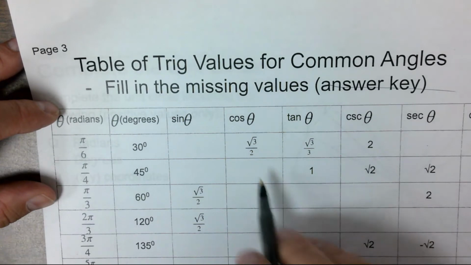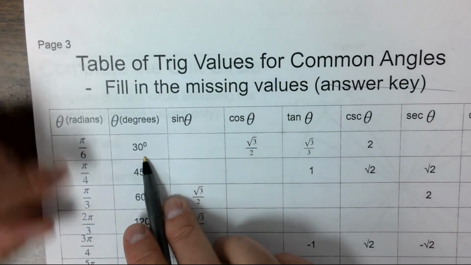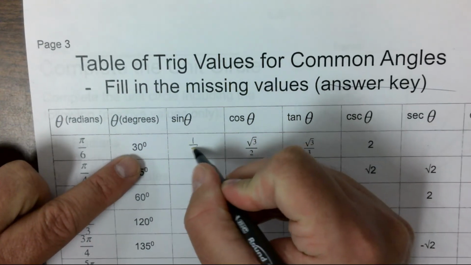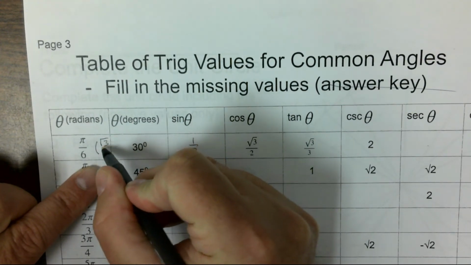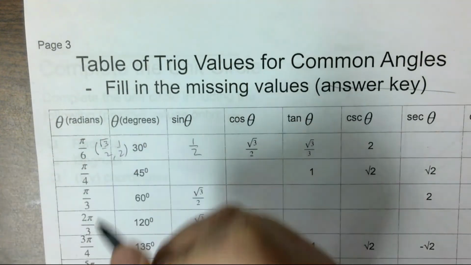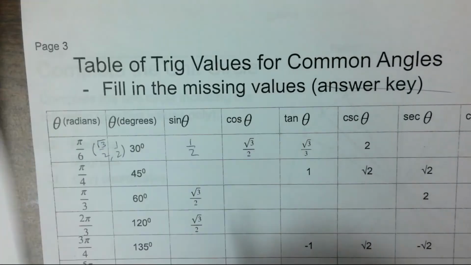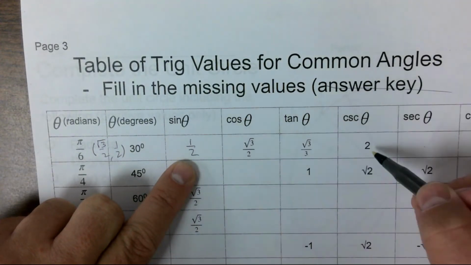What you're going to do is use your unit circle and figure out that at 30, it was 1/2, because the ordered pair was square root of 3 over 2, comma 1/2. So that's that one. And now, again, how these are related is if you flip a half, you get 2.